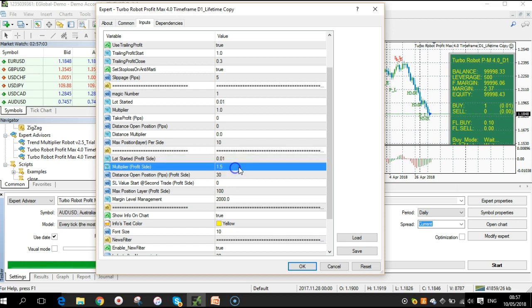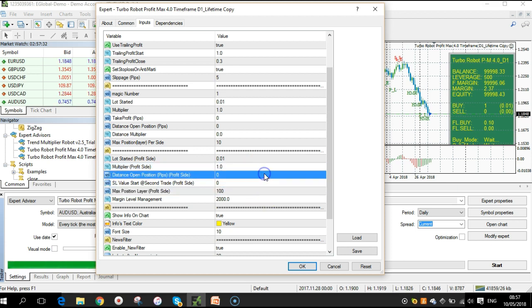This portion is up to you. Since this is a profit martingale, if there's a profit, you can have the lot size multiplied by 1.5, all right? If I just want the same as on the other side in martingale, this is the anti-martingale portion, so I can leave it, maybe just put it as 1, and my distance as well is 0.